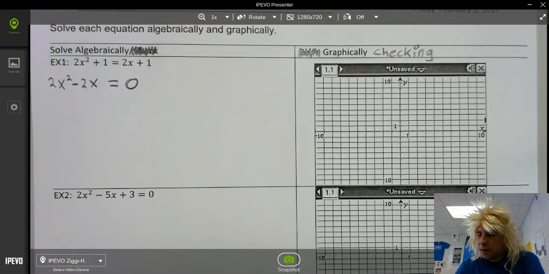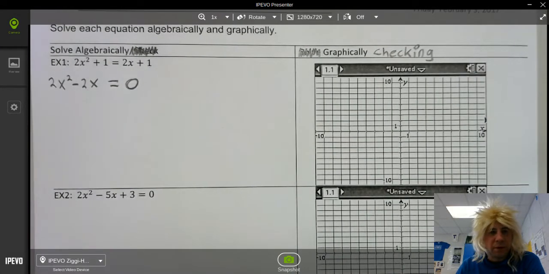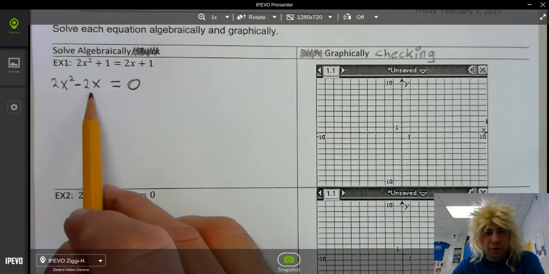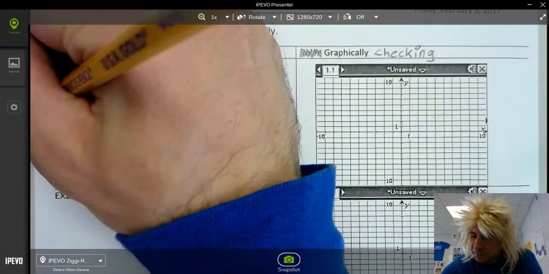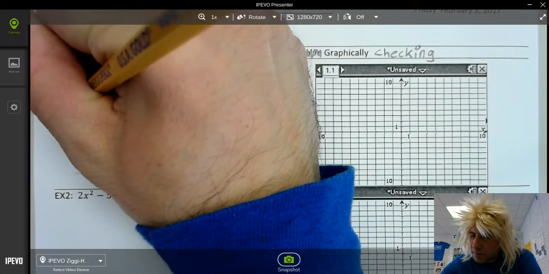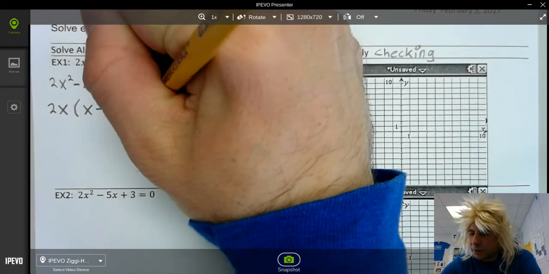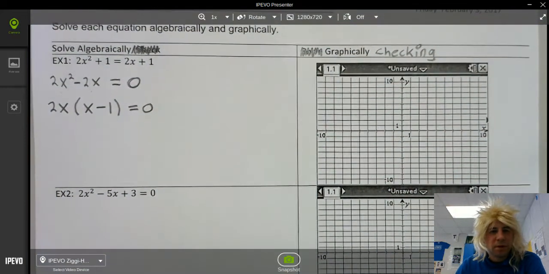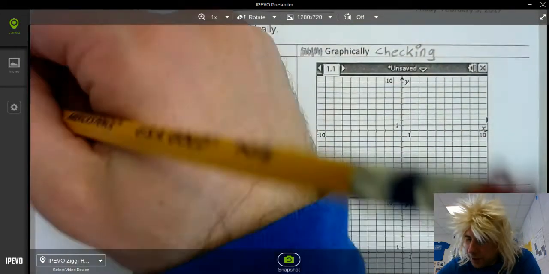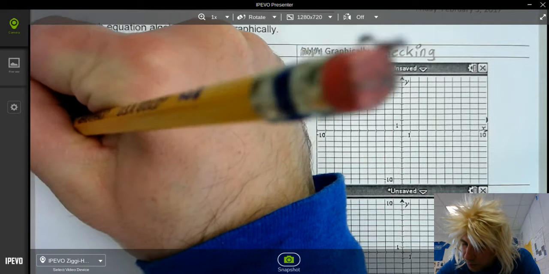Okay? So now we see that we can factor these terms because there's a greatest common factor of 2x. So we use 2x times x minus 1 equal to 0. Okay? So you're going to set each of these equal to 0.